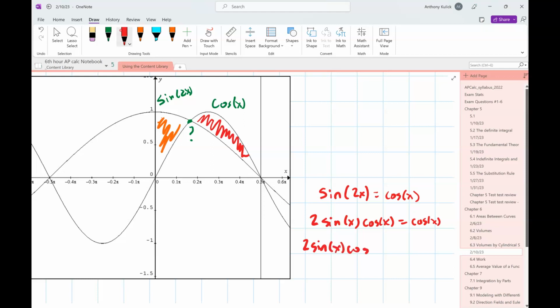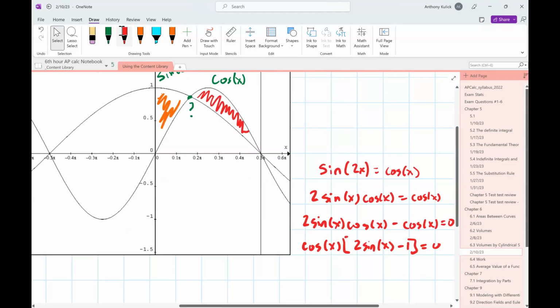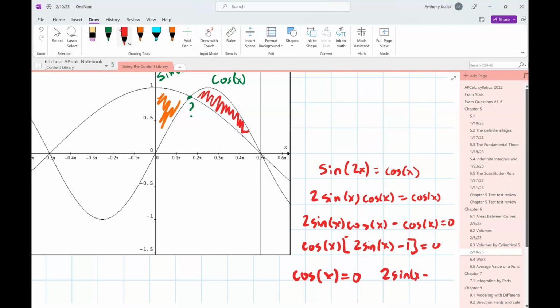I'm going to move everything onto the same side, factor a cosine x out, and then set those two pieces equal to 0 and solve them each separately.